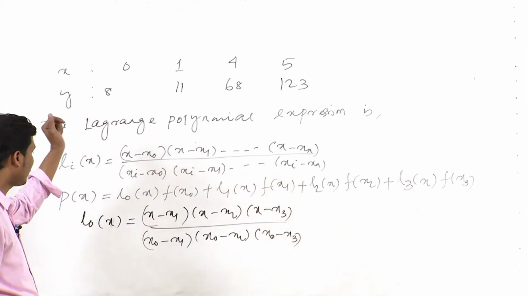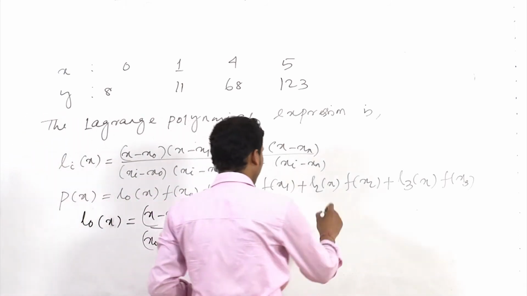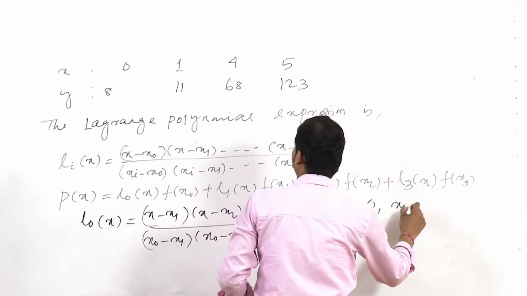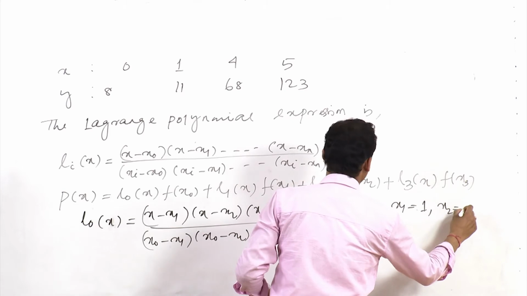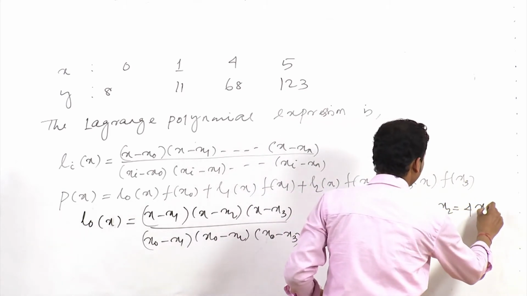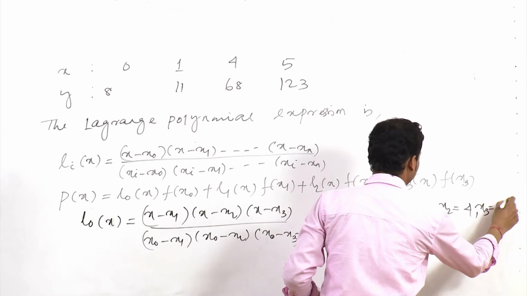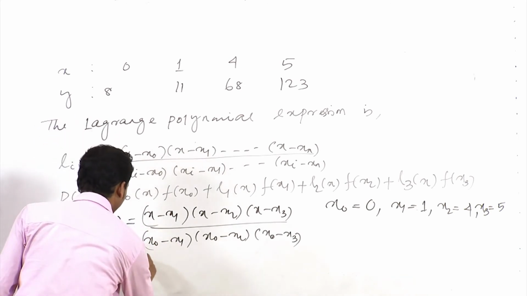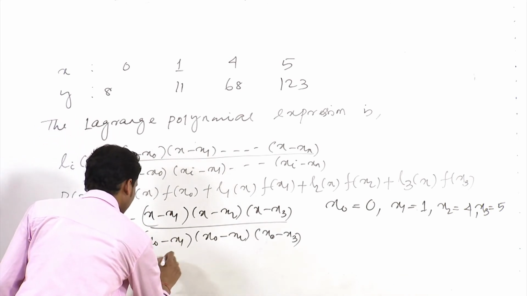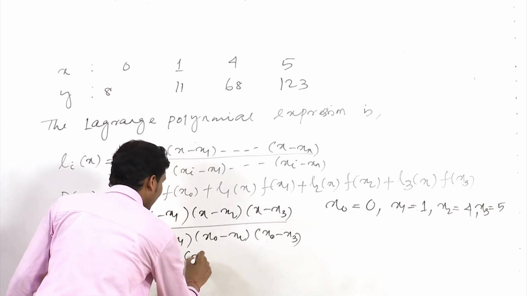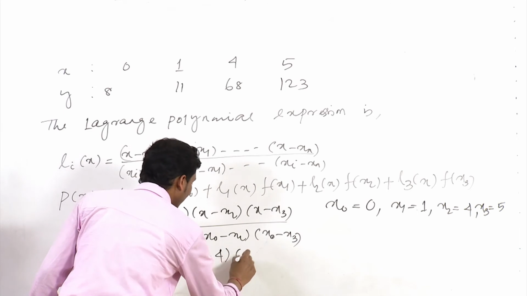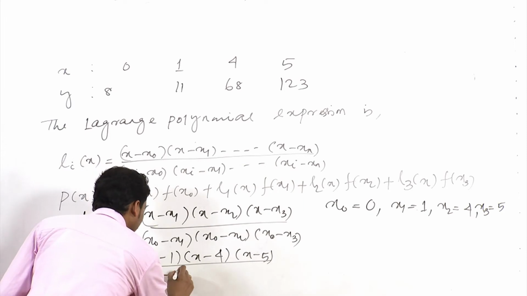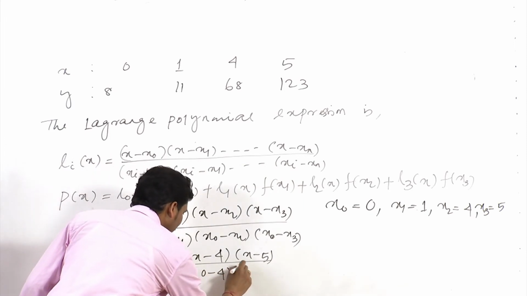Since we have 4 data points, they can be signified as x0 equals 0, x1 equals 1, x2 equals 4, and x3 equals 5 here. If you put all these points in, that can be written as x minus 1, x minus 4, x minus 5 divided by 0 minus 1, 0 minus 4, 0 minus 5 here.